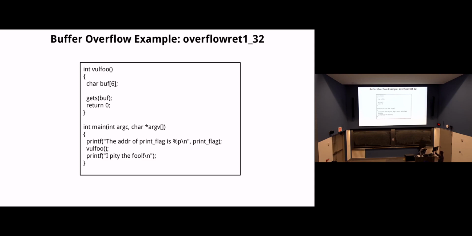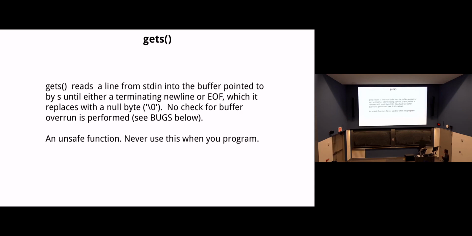Similar to the unsafe string copy function we saw last week, gets is also unsafe. What gets does is read a line. A line ends not only with a 0, but also with a newline symbol. A newline could be \n or other characters, not necessarily 0.